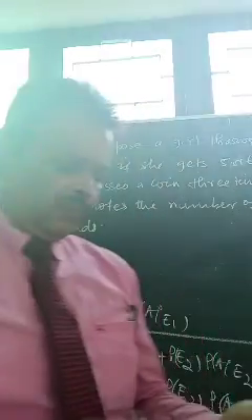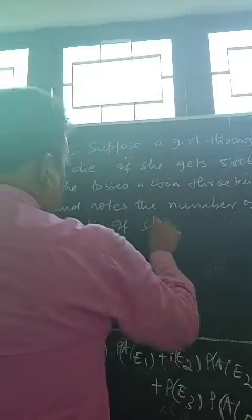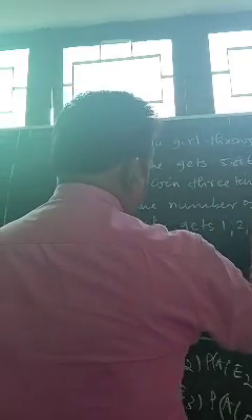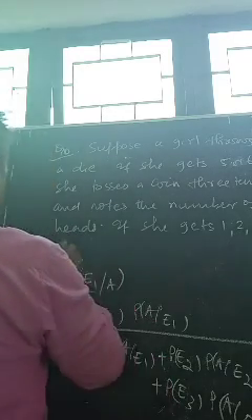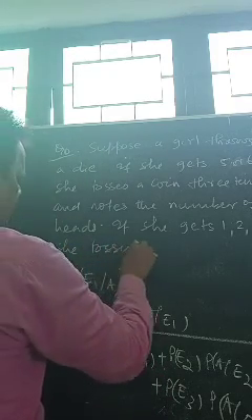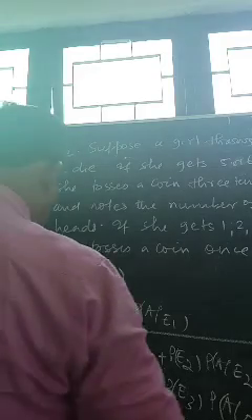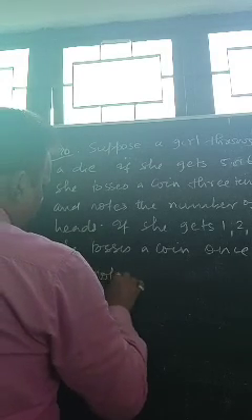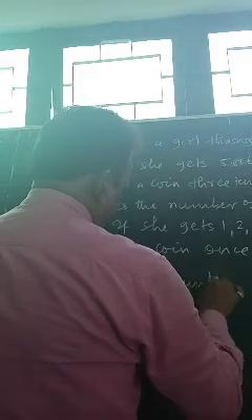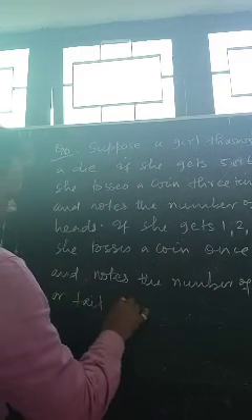Okay. Then if she gets 1, 2, 3 or 4, she tosses a coin once and notes the number of head or tail obtained.